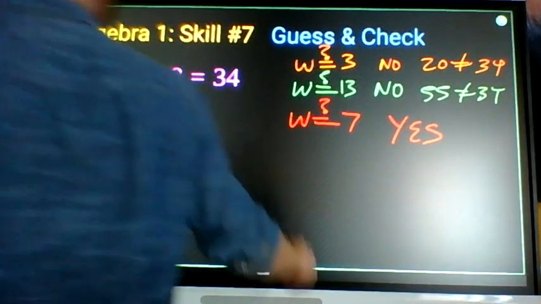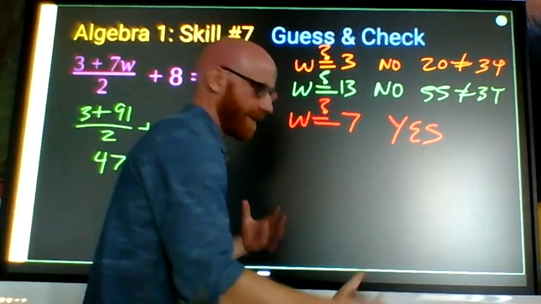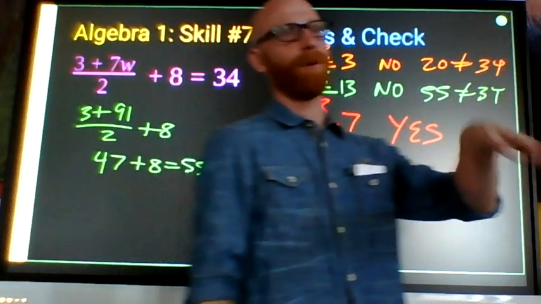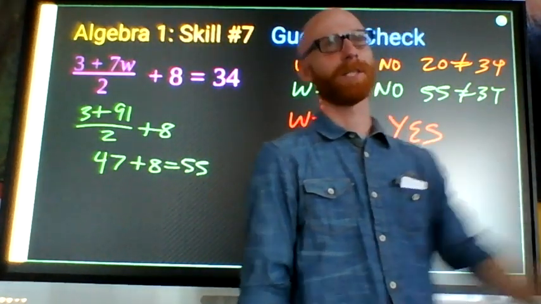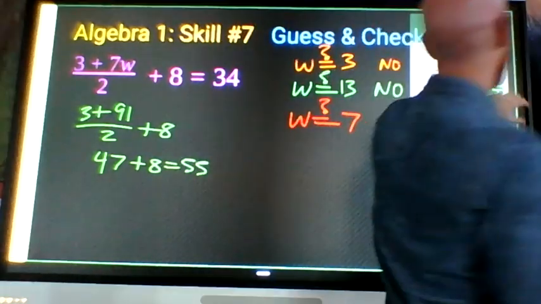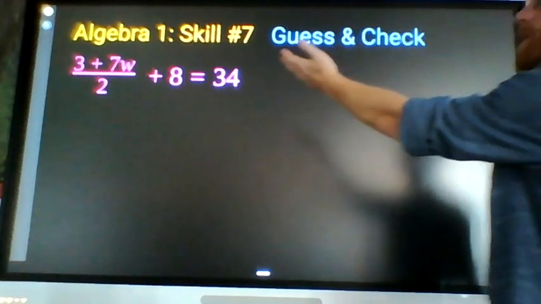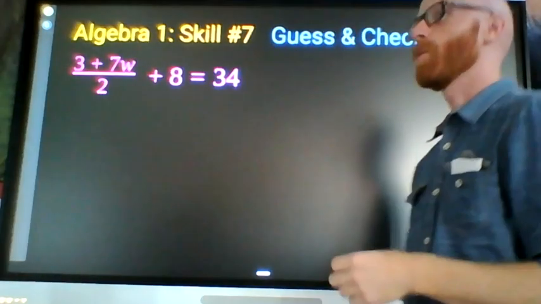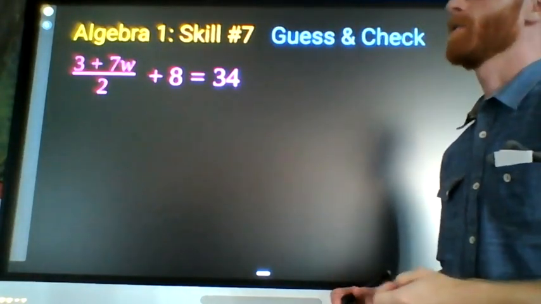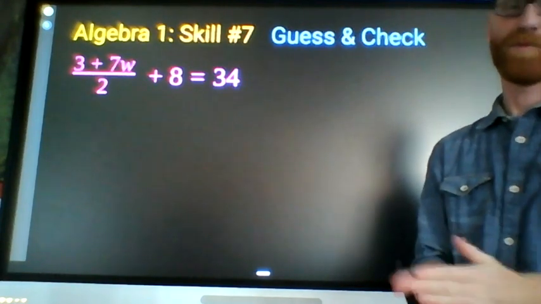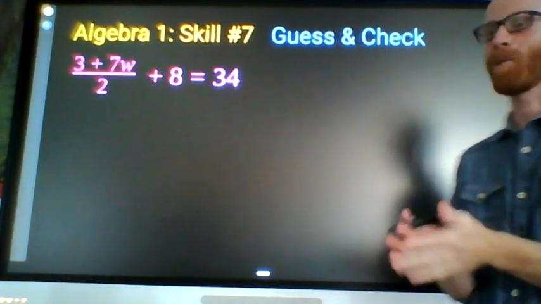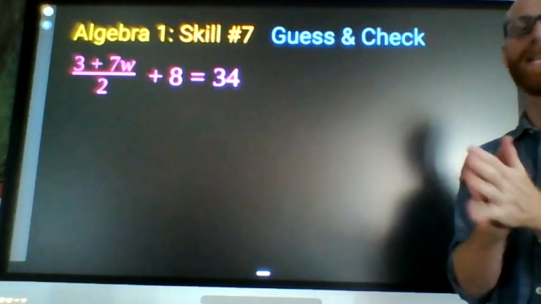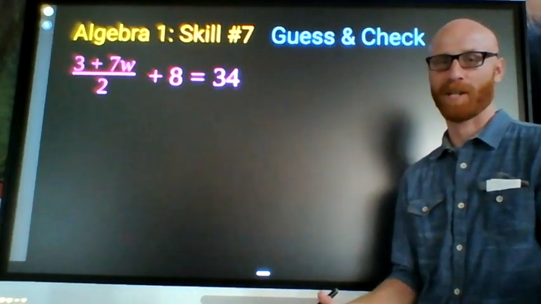Now, lest you in a later date say, why can't we just guess and check always? Remember, sometimes your answer comes out as a decimal or a fraction. If the answer to this had been 2.941, you're not going to guess that for like a year. You would be sitting and working on the problem for pages and pages and pages of guesses and checks, right?